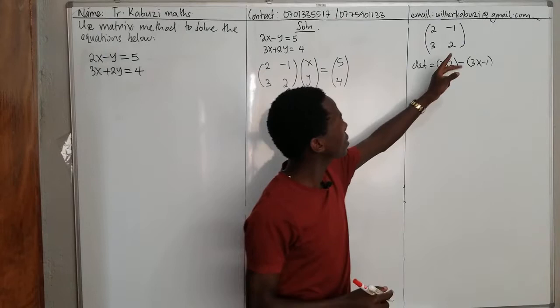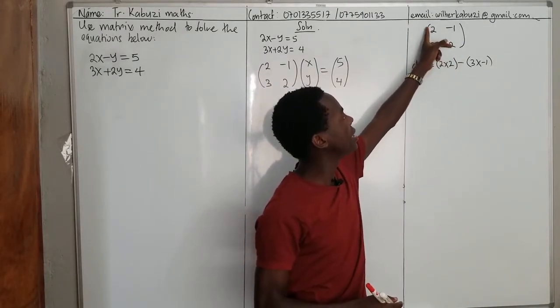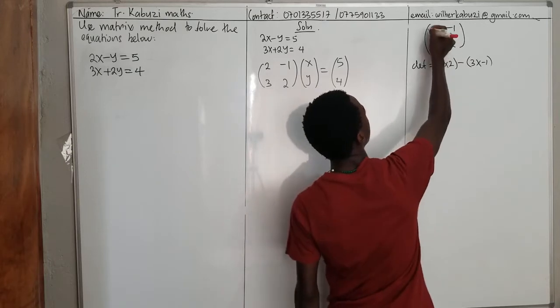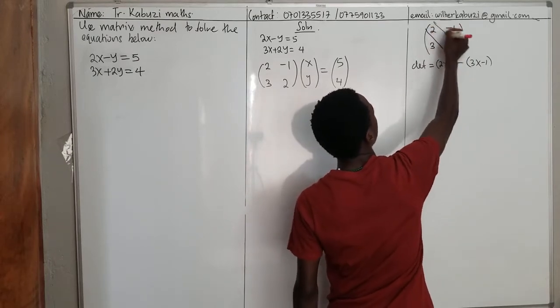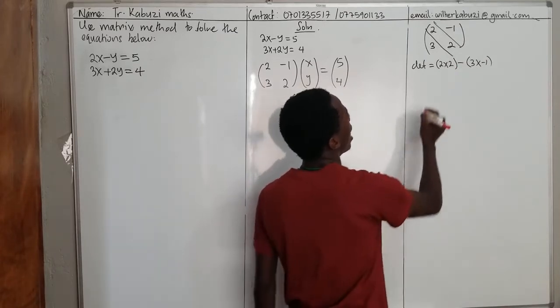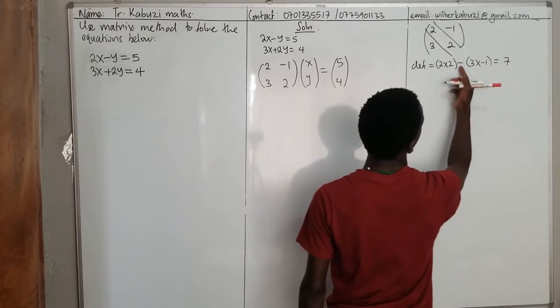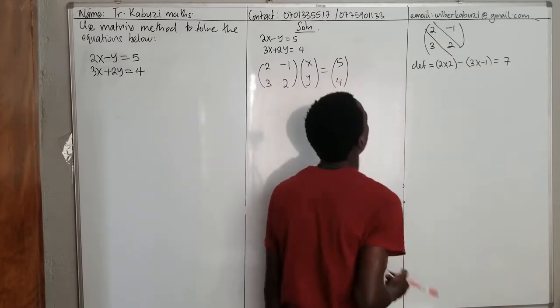We get the product of the elements in the major diagonal, this is what we call the major diagonal, minus the product of elements in the minor diagonal. And this is going to give us a 7, since it is 4 plus 3 to get a 7.